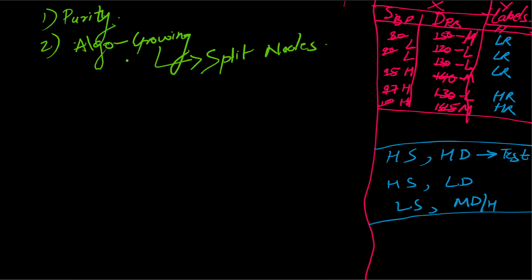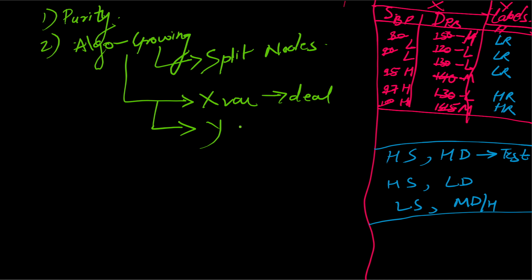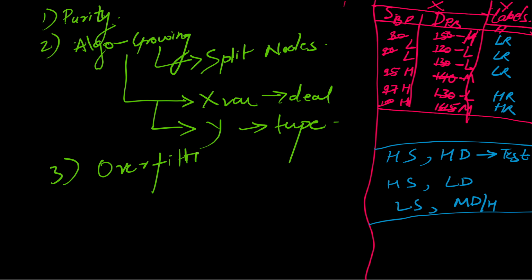This will also encompass what type of x variables you can deal with, and also the type of work you can do. Can you do only classification? Can you also do regression? So the y type. And the third is how you avoid overfitting in such a tree: overfitting treatment.